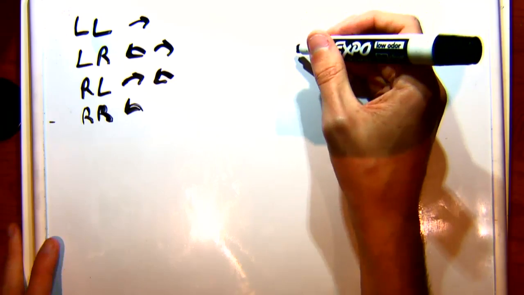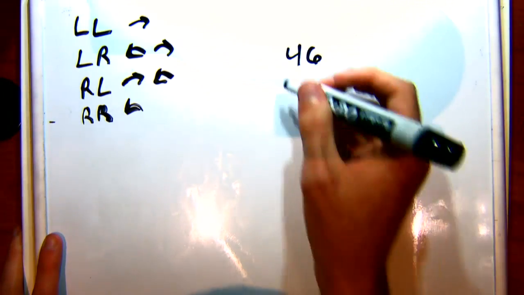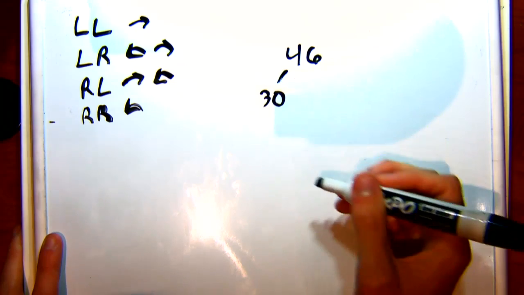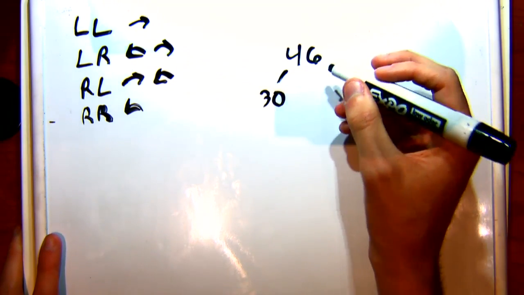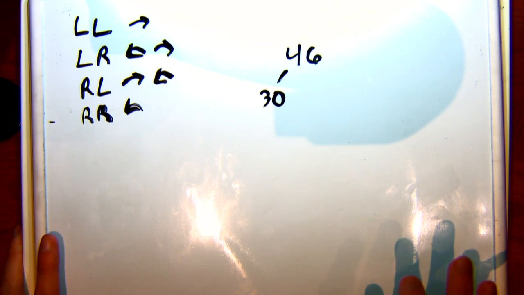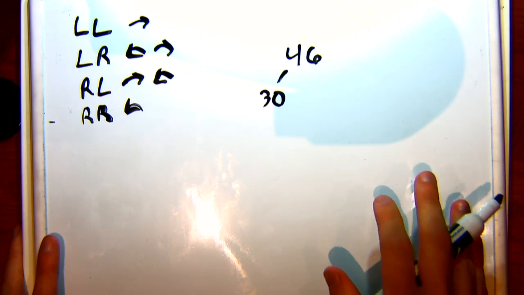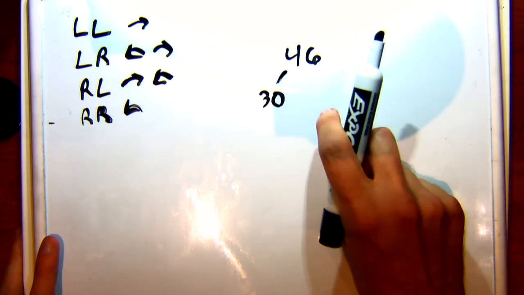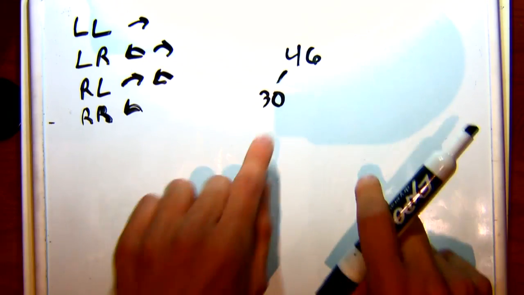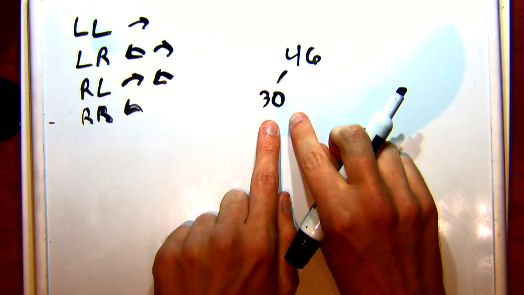I'm just going to insert these because we already did binary search trees, so you should probably know where these go. 30, and then at every point in an AVL tree, we're going to check the heights. So I'm not going to do it for every step, but you would check the balance factor all the way up to the root node after you inserted this 30.